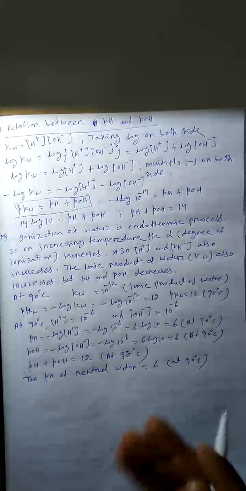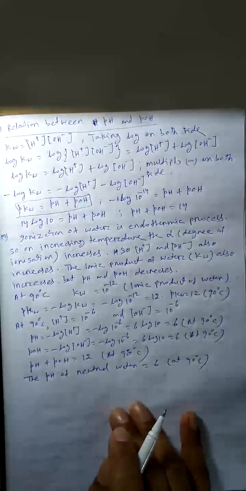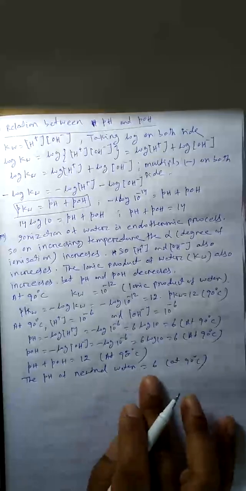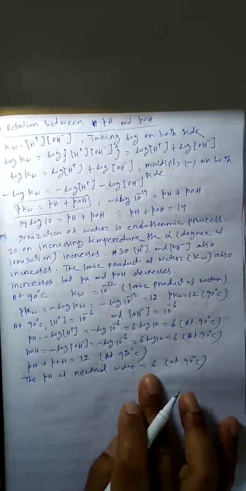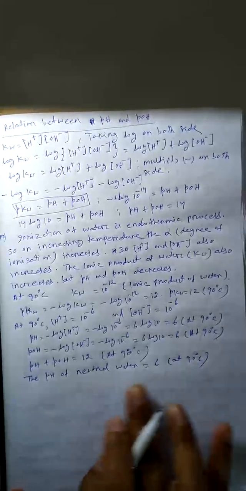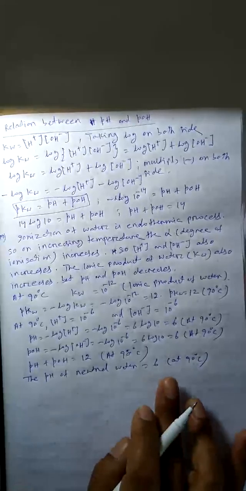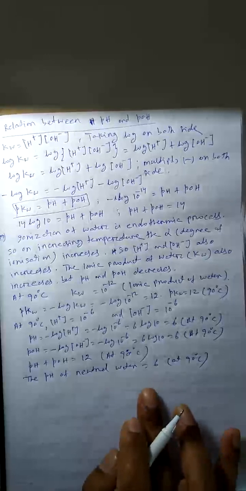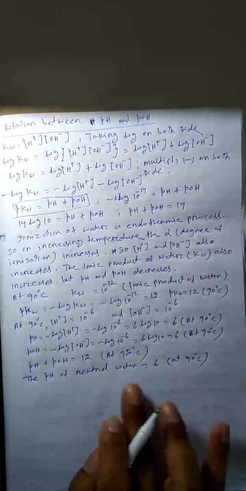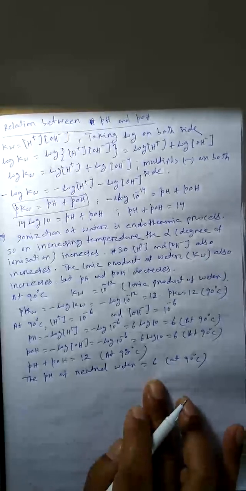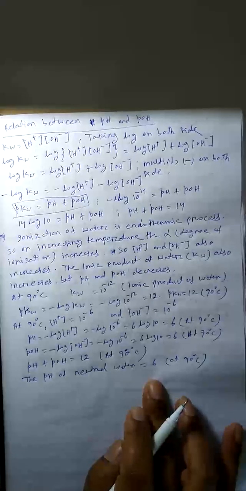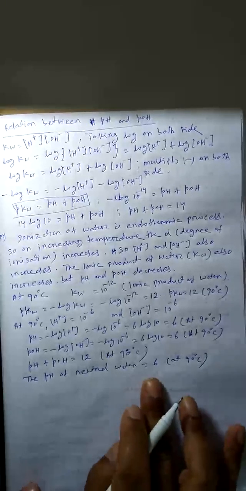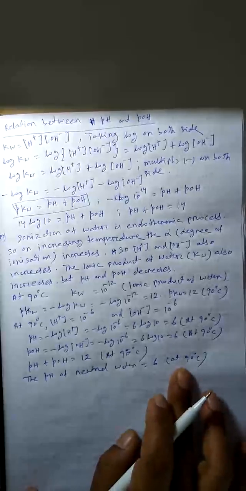But when you heat the water up to 90 degree centigrade, then neutral water pH is equal to 6. At 25 degree centigrade the pH scale is 0 to 14, but at 90 degree centigrade the pH scale is 0 to 12, and 6 is the neutral. So neutral water pH is equal to 6 at 90 degree centigrade.